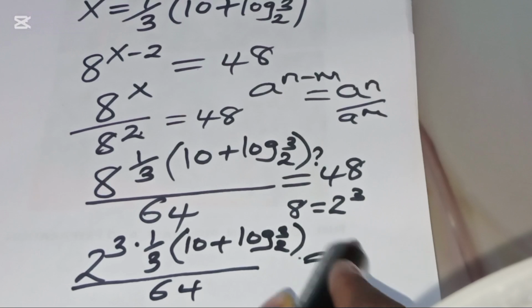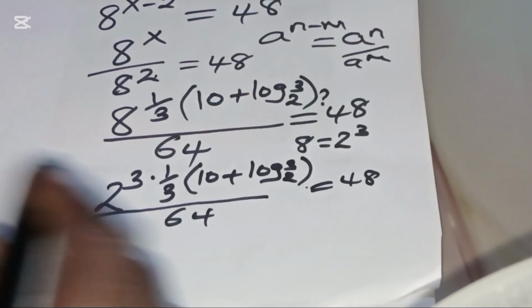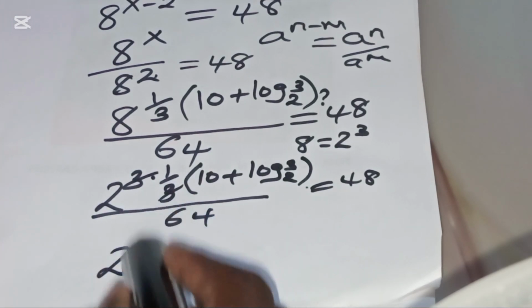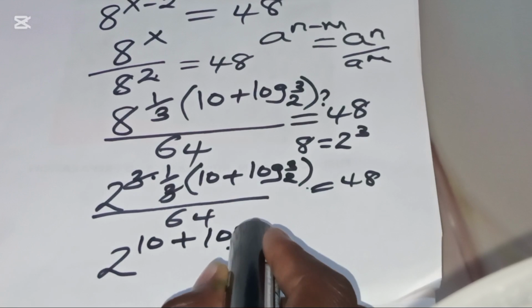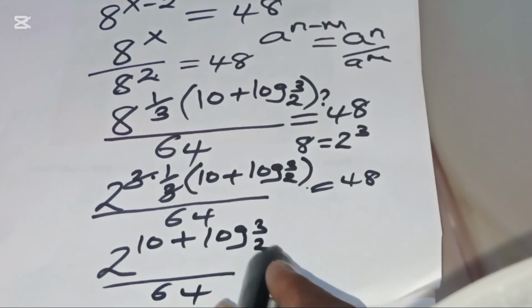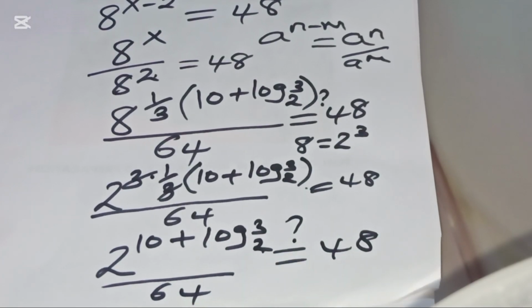This is supposed to give us a value of 48. Let's simplify here by 3 by 3. So you'll have 2 to the power 10 plus log 3 to base 2 divided by 64. This is supposed to give us a value of 48. We'll check if that is true.